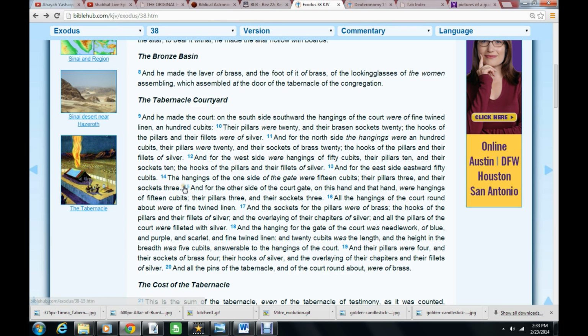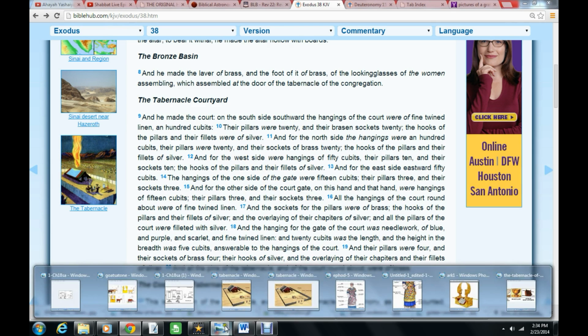The hangings of the one side of the gate were 15 cubits. Their pillars 3, and their sockets 3.